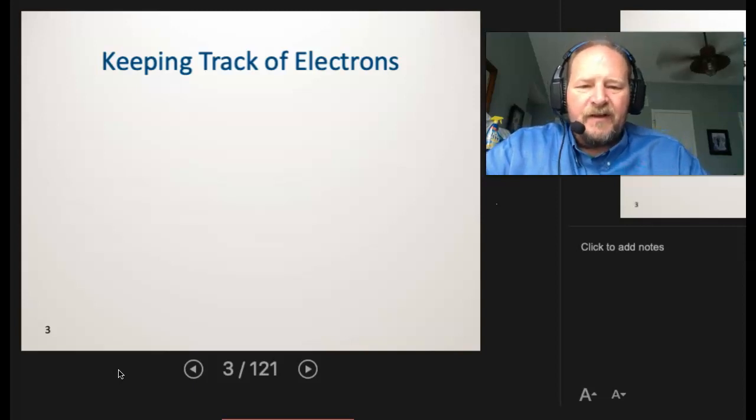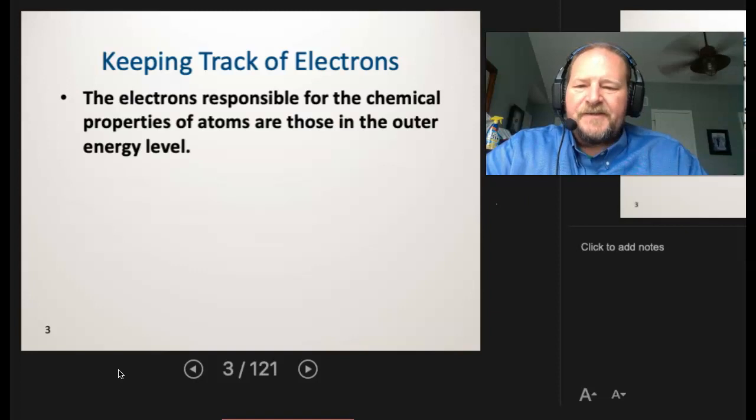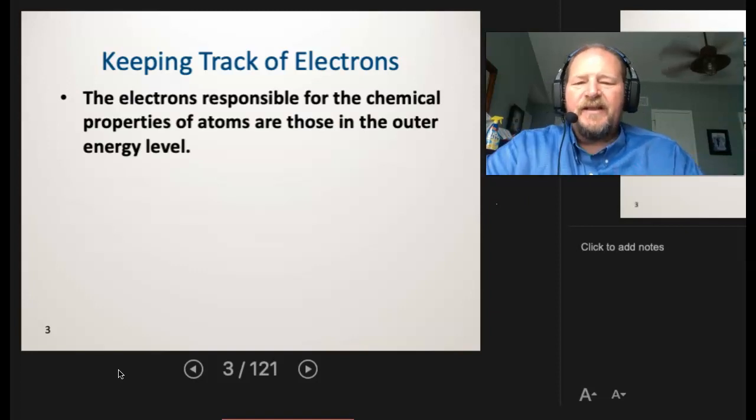Up to now we've been doing electron configurations, and we've looked at electron arrangements, both of which give us great detail as to where the electrons are, but it's a little bit cumbersome and there's a lot more information there than what we actually need. As it turns out, what we care about are only the electrons that are responsible for chemical properties, which are the ones in the outer energy level.